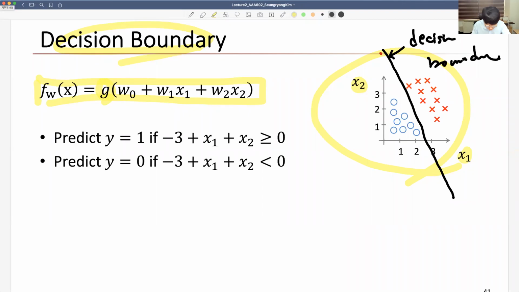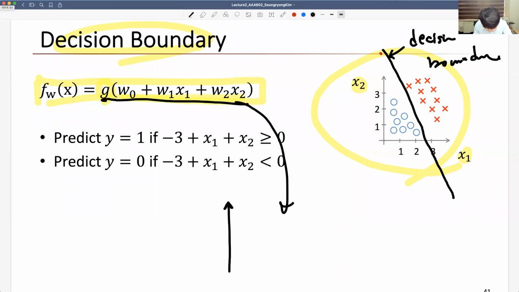The shape of this one looks like this, right?